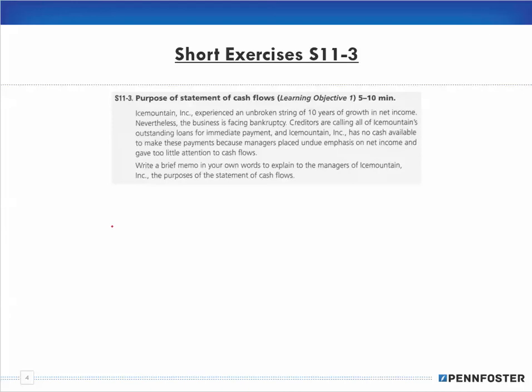Right? Now, obviously, very, very small businesses, mom and pop businesses who basically work on a cash basis, they're not going to create the statement of cash flows. They'll create a balance sheet and an income statement, but they don't create the statement of retained earnings. They don't create the statement of cash flows because they're such a small business. But once a business starts to get larger, if you have investors, it's great to create a statement of retained earnings for them to be able to see.